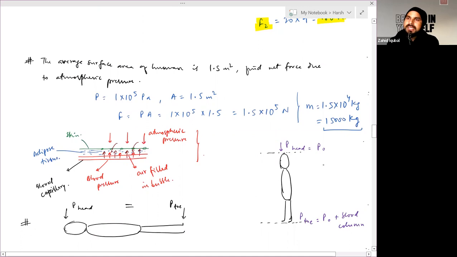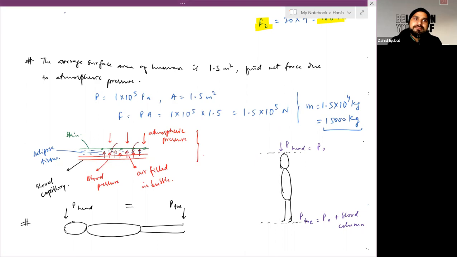You'll say, since air is all around us, they will have atmospheric pressure on head as well as toe, and there is not much difference in height for these two positions. So P naught from outside will be the same. So there will be a difference from inside.